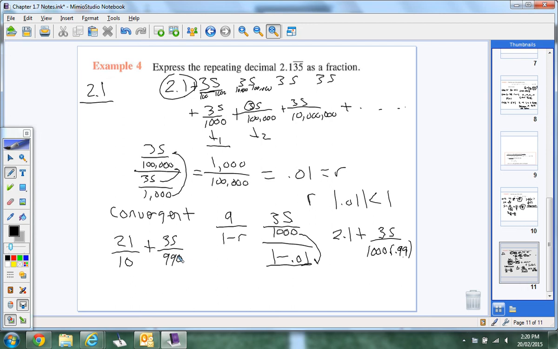You can use the calculator for the multiplication part, but we made these into both 990s. And you end up getting 2114 over 990, which reduces to 1057 over 495. I know it's not so fun fraction work, but 1057 over 495 is that decimal we have.